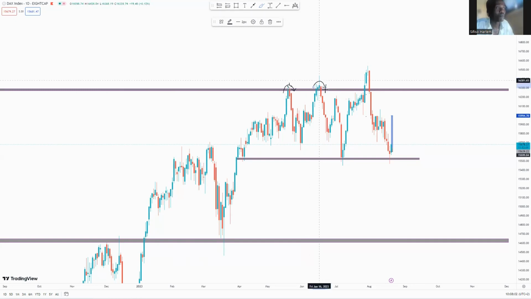When price traded below our very same all-time high resistance, you can clearly see that price pushed to the downside, and then price got momentum and pushed again to the upside. So price broke out and broke back in, broke out and broke back in.